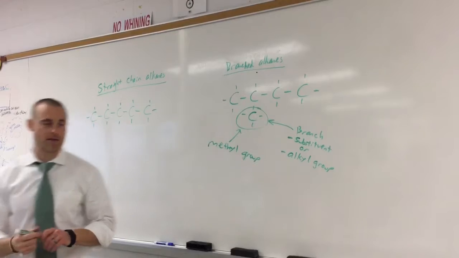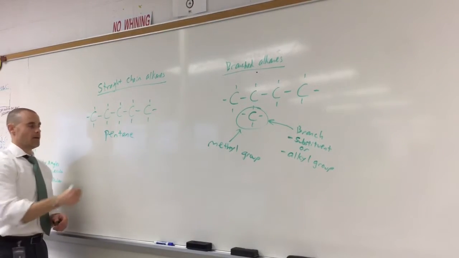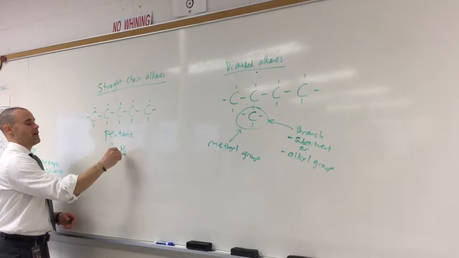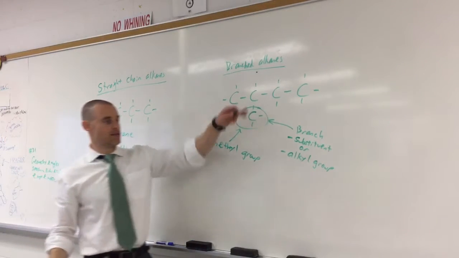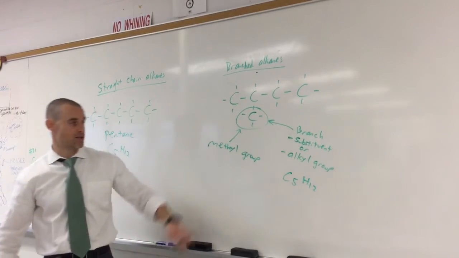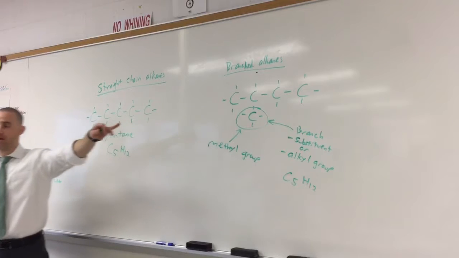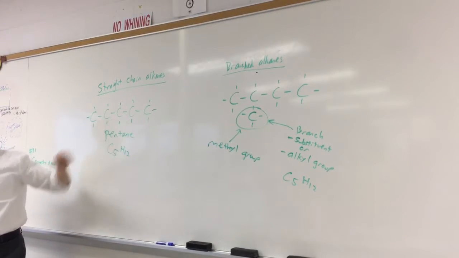The reason I drew pentane in the notes here, you don't have to copy it down yet, is because pentane is C5H12. Well, this thing is also C5H12, right? If you count up all your C's and H's, 1, 2, 3, 4, 5. That's not called pentane. This is called pentane.